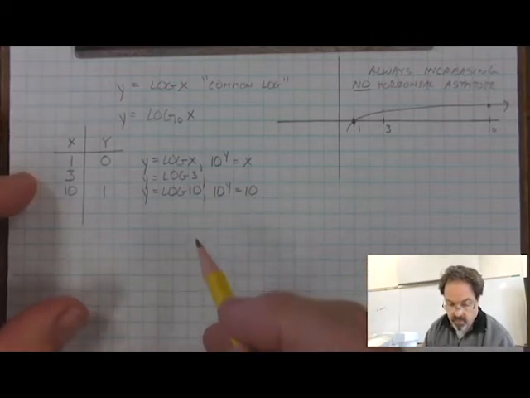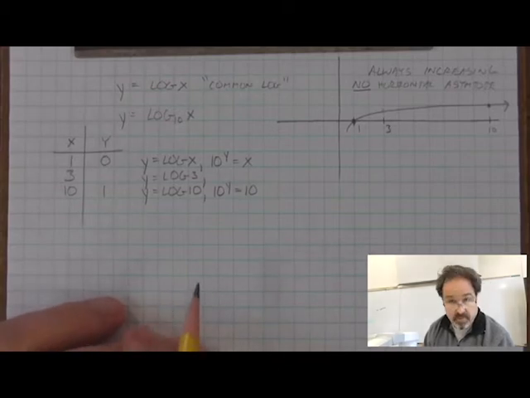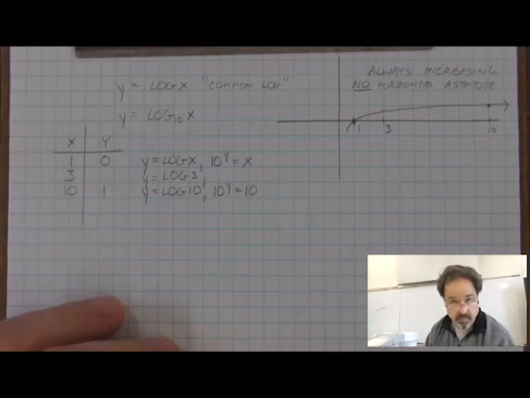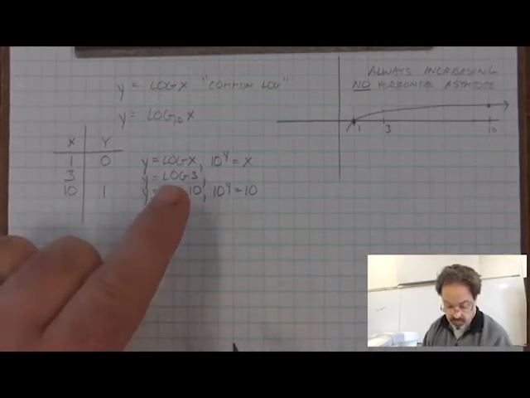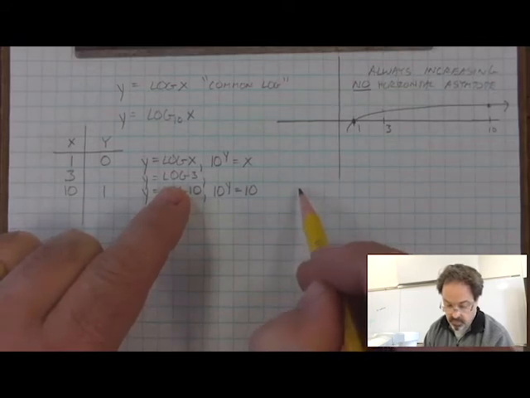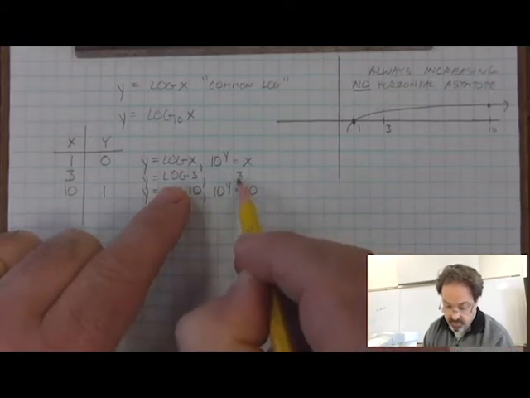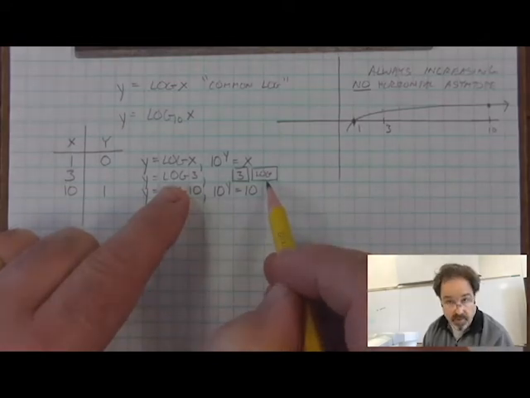We could use a calculator for this. Calculators have log keys to help calculate logarithms. The log key on a calculator is often base 10, and calculators often only have a base 10 log key. So I could find on a typical calculator the log of 3 by pressing the 3 key and then typically a log key, which doesn't have a base written on it most often, so it's log base 10.